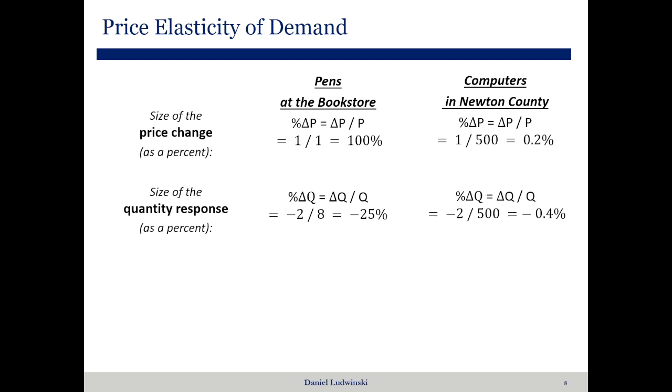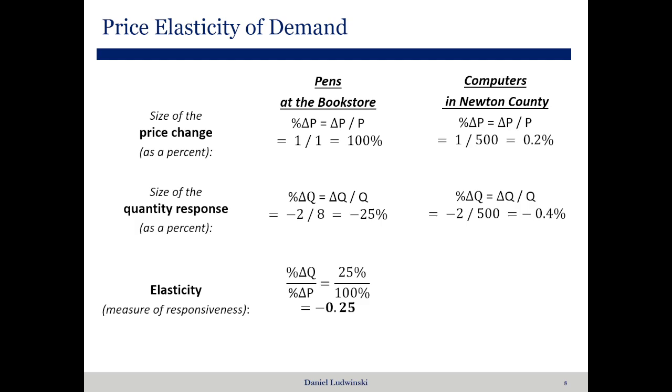Now, doing these intermediate calculations allows us to move and talk about elasticity as the measure of responsiveness, and allows us to say something about how responsive pens and computers are comparatively. And if you remember from our formula, the formula for elasticity is the change in the response variable, which is quantity expressed as a percentage, so the percentage change in quantity divided by the percentage change in price.